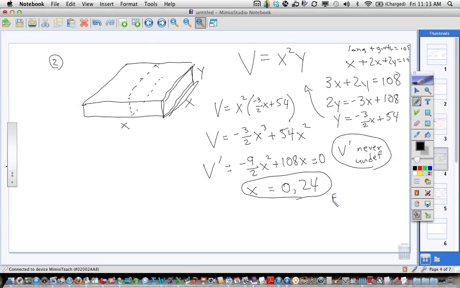And our endpoints, we ask ourselves what's the smallest x could be, which of course we said was 0 again. And what's the biggest x could be. So we come back up maybe to this equation here. And we want x to be, so again, we could do the same thing again.